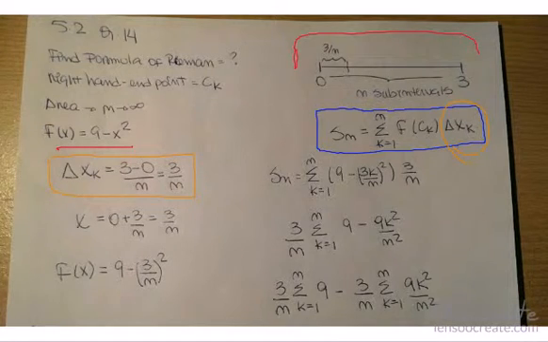Using that information, that helped me find my first x, and that's what you can see over here. I knew that 0 plus 3 divided by n was going to be that very first x I was looking for. So I used that information so that I could plug it into my function. I did this here, and then I plugged this in my function here. And that gave me this little piece of information.